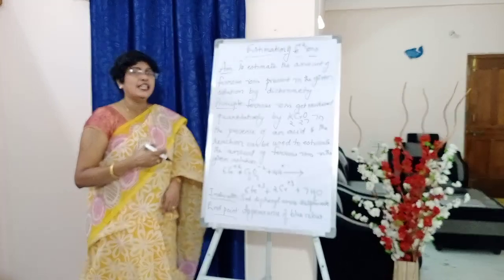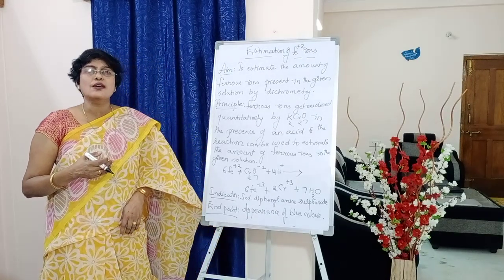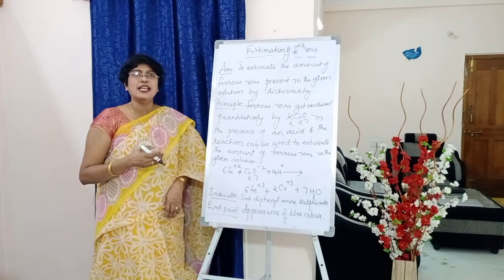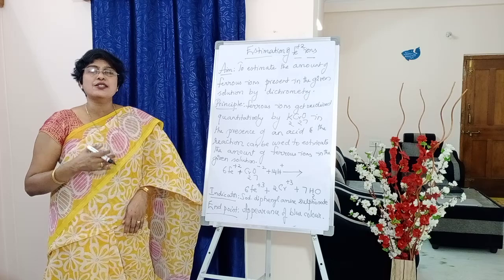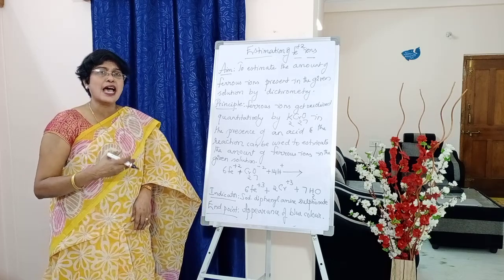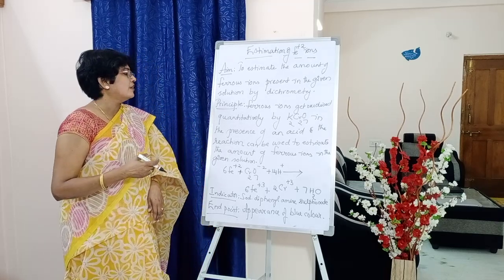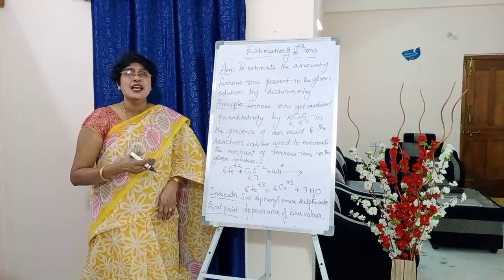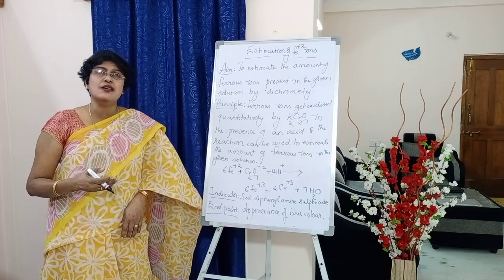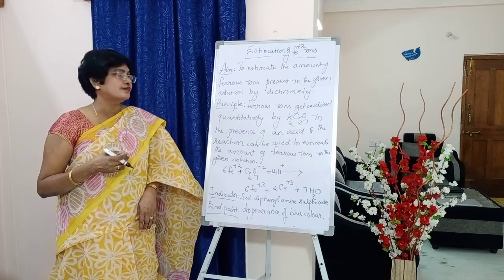That is K2Cr2O7. I told you this is used as an oxidizing agent. As we are using K2Cr2O7, Fe+2 ions get oxidized, and this happens in the presence of an acid, and this reaction can be used for the estimation of ferrous ions present in the given solution.